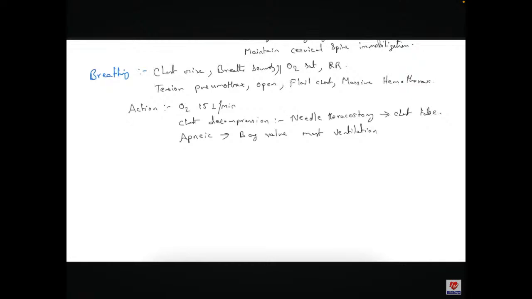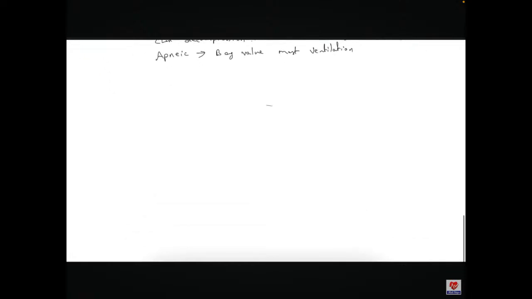Okay, so next we are discussing circulation. In circulation we have to control the hemorrhage, because it can lead to hypovolemic shock.